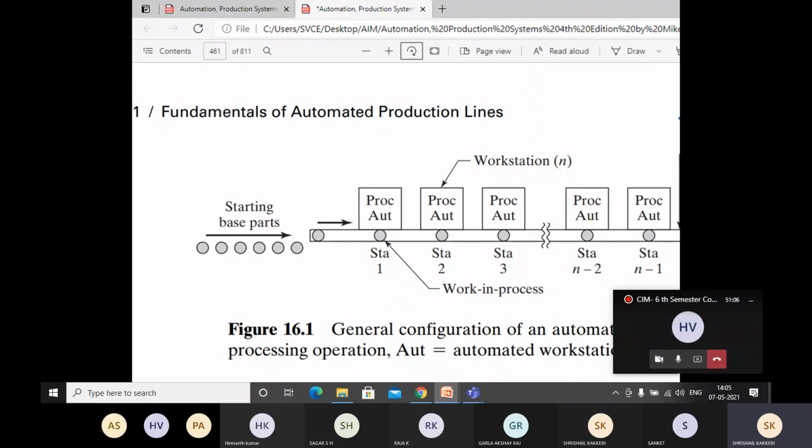So definitely the cost of the product will be reduced, and minimum work in progress and minimum manufacturing lead time, and minimum usage of the factory floor space can be reduced.